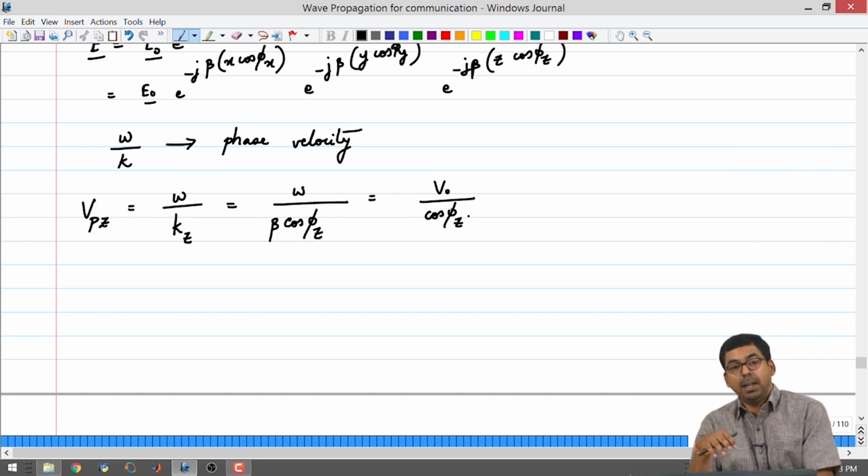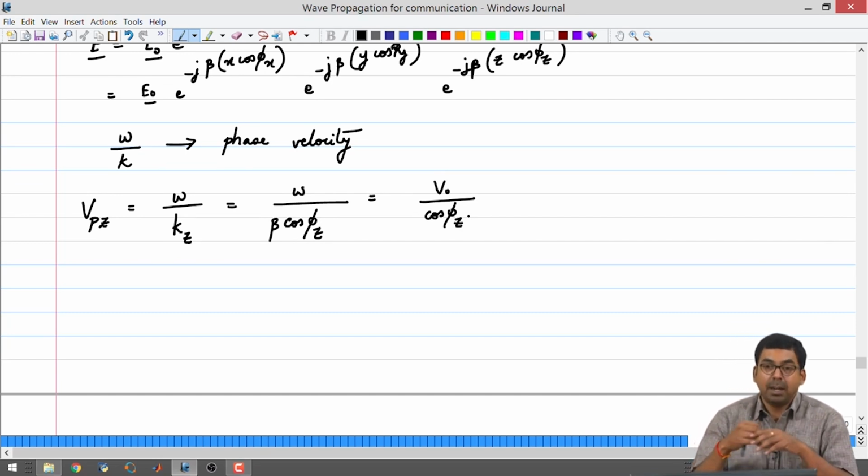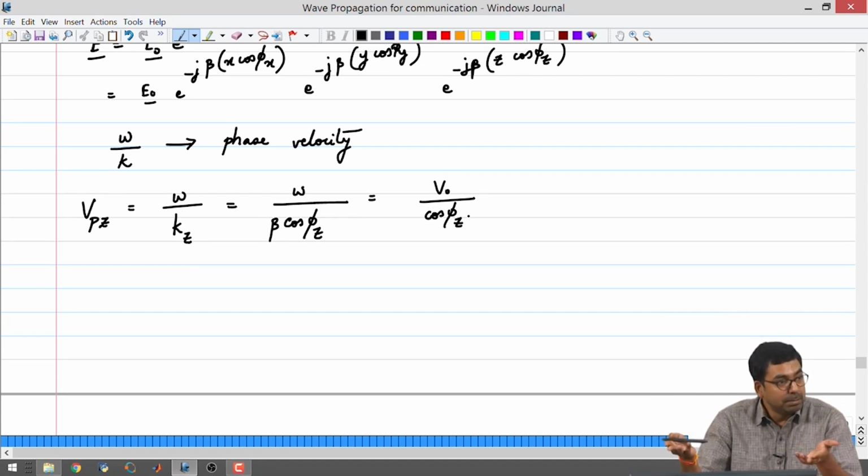Now, one will have to be clear about what we are looking at. Divided by cos phi z means that too many questions will start arising. Cos phi z will go between plus and minus 1. It passes through 0, which means that the phase velocity we are talking about can be equal to the bulk velocity in the medium, can be infinite, can be positive, can be negative, and there is no limit to what the phase velocity can do.